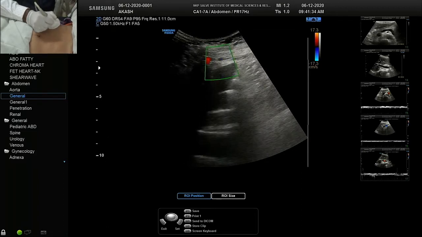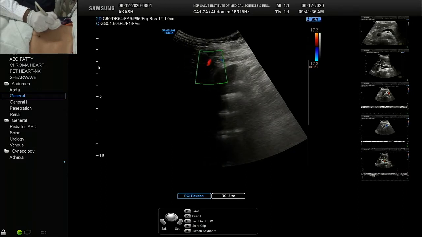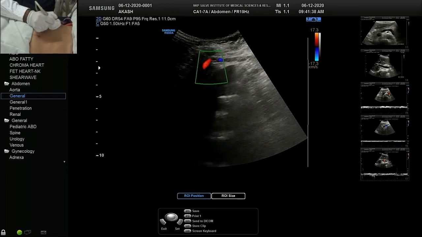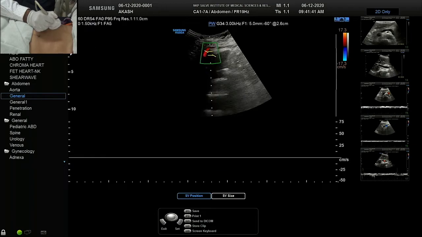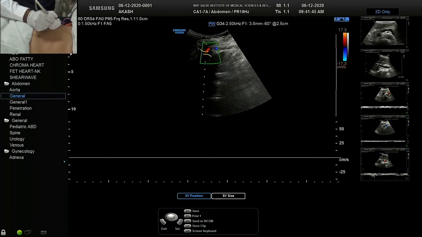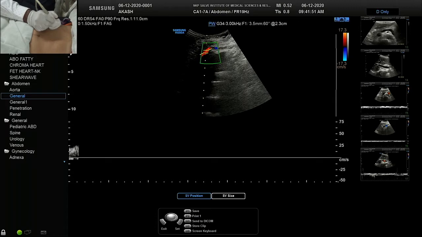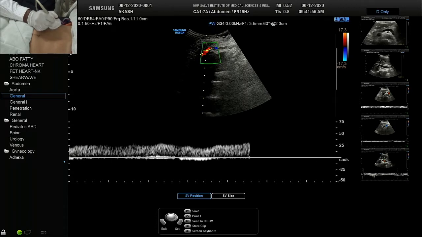You can see that, and the flow is hepatofugal, that is going up away from the liver, and this is almost pathognomonic of portal hypertension. Flow is towards the probe, that is away from the liver.